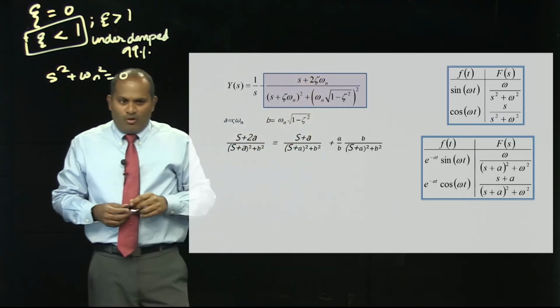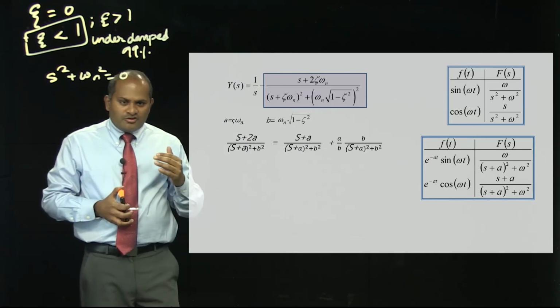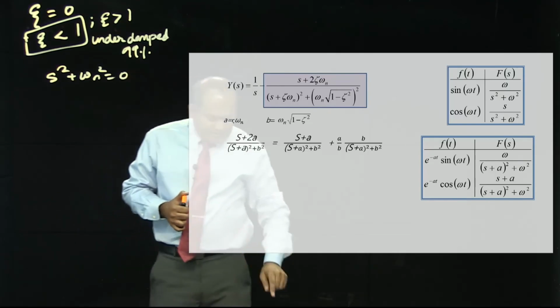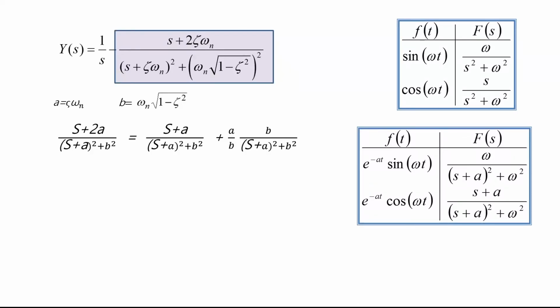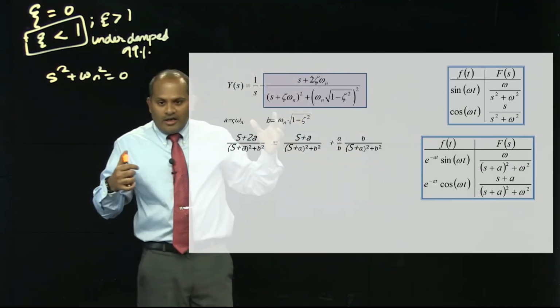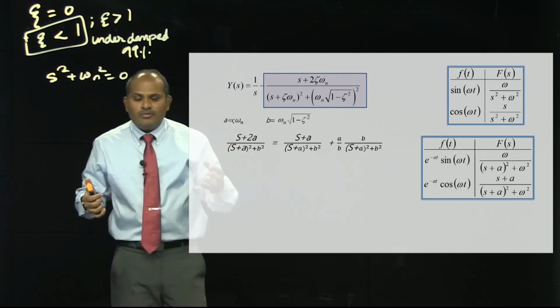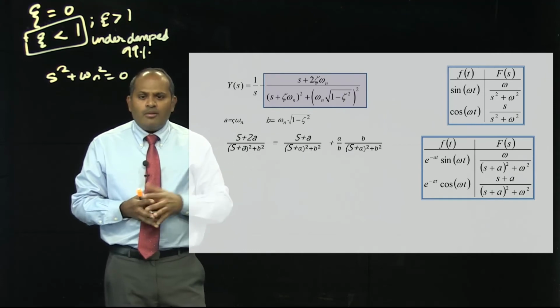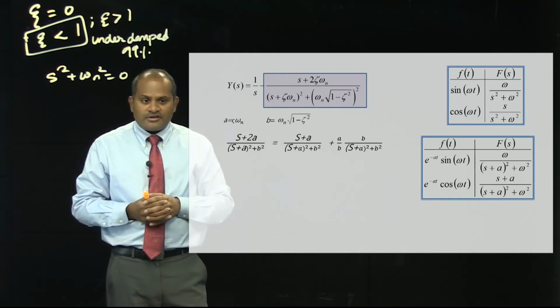If you look at this form, you should be able to recollect our Laplace transform expressions. The first aspect of our Laplace transform expression is sin omega t is equal to omega by s square plus omega square. Cos omega t is s by s square plus omega square. So, if we want to transform the s domain to time domain, we need to change the expression into a form suitable for inverse Laplace transform.